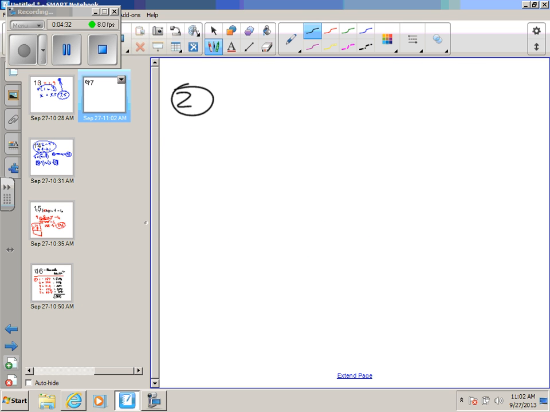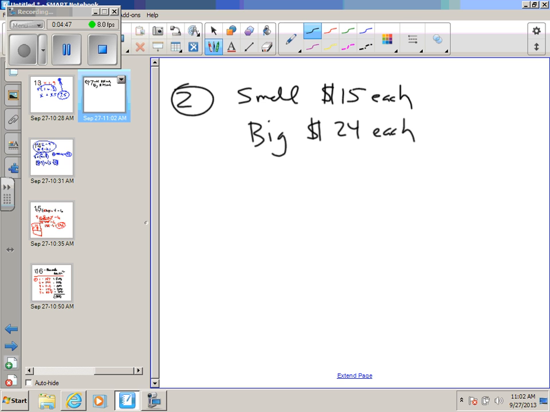What information would be important for us to know? Small are 15 each. And the big are 24 each. We have a box of each, and in each box are how many? 12.